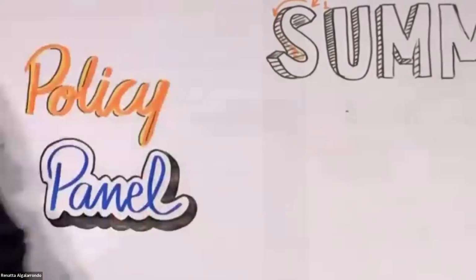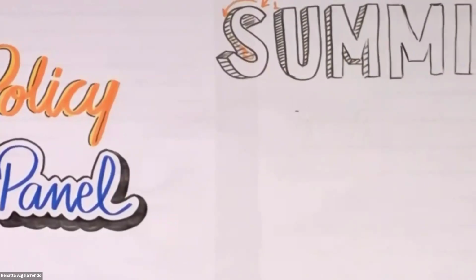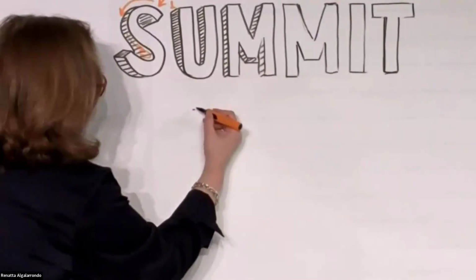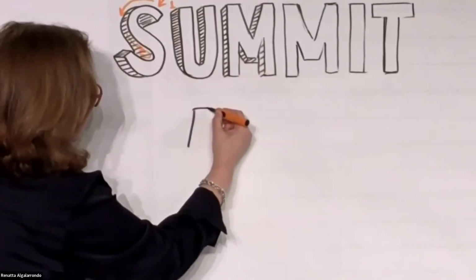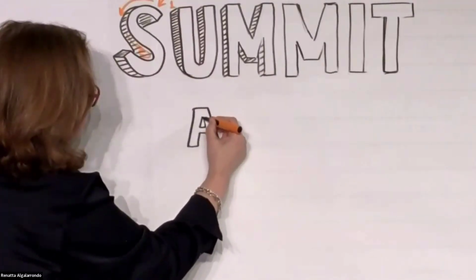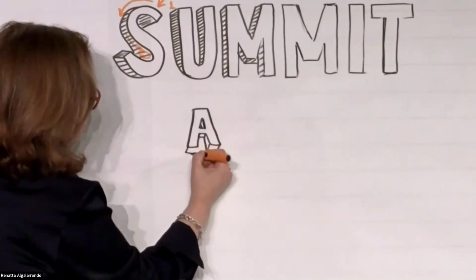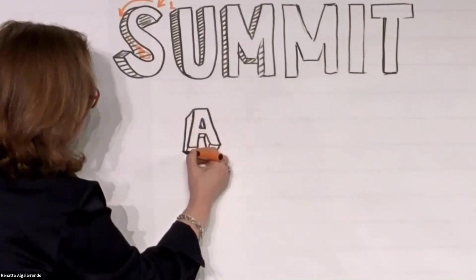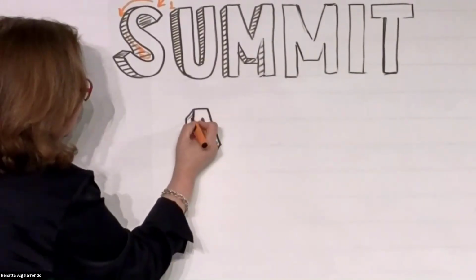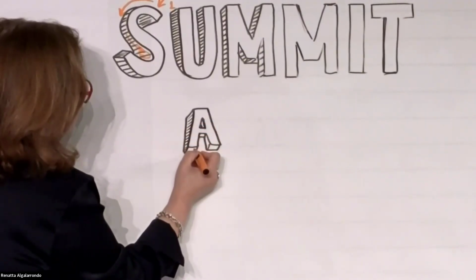So let's explore how we can do this. As we were talking before, we can outline. Right? Outline. Then we can hatch the drop shadow like I did before.